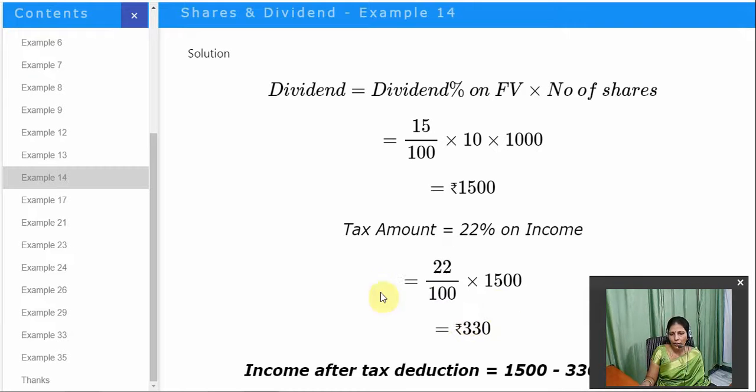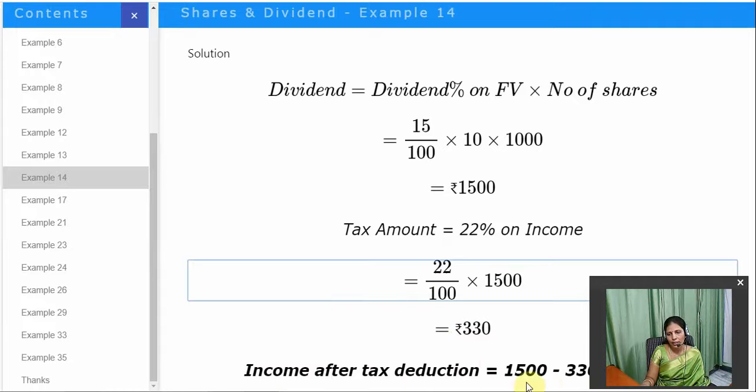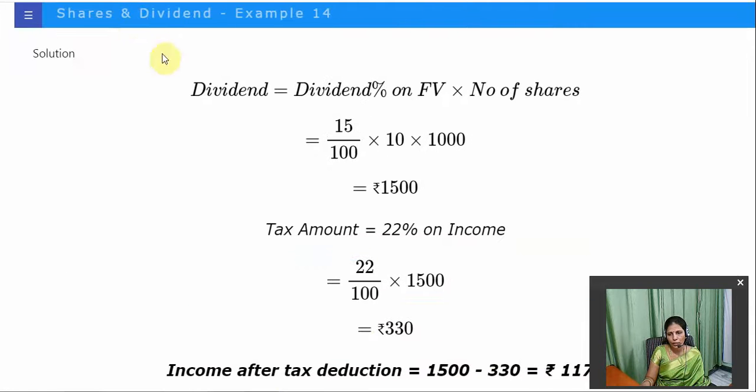So income after tax deduction is equal to, here 1500 is his income minus, let me close this, only then you can view it clearly, right?